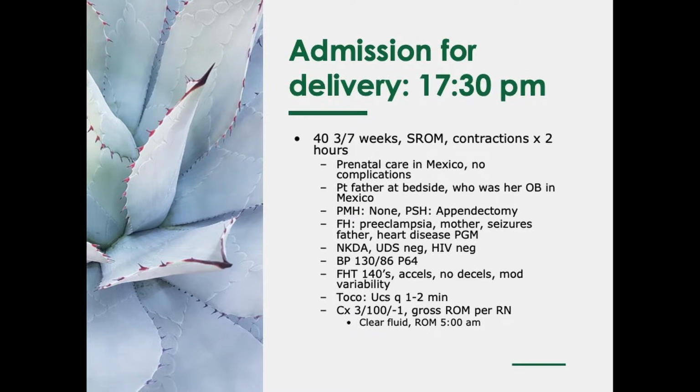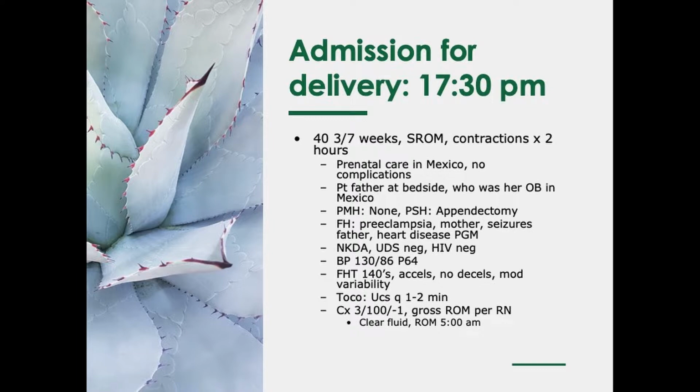So this is going to be a little bit on a case. This is a patient, she's 40 and 3/7 weeks, who comes in for ruptured membranes. She's had contractions for 2 hours. She had prenatal care in Mexico. Her father accompanies her, and by the way, he's an obstetrician in Mexico and has been providing her care there, but then she walks in here. She has no other medical problems, has previously had an appendectomy, has a blood pressure of 130/86, and is contracting every 1 to 2 minutes.